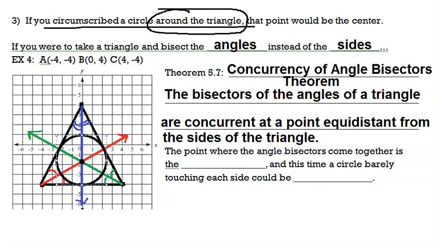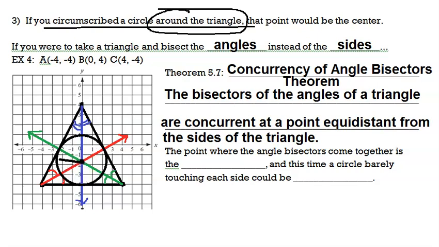There you go. That's where it gets a little bit crazy here. And sure enough, the distance from here to a side is going to be the same as the distance here, which is going to be the same as the distance here. Once again, we're talking about a radius.